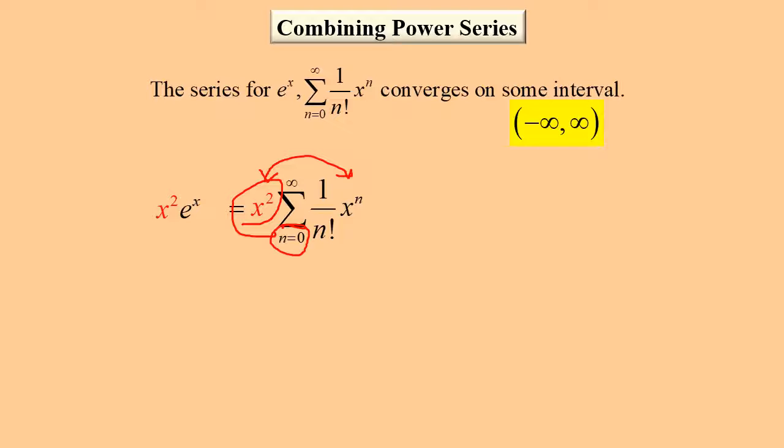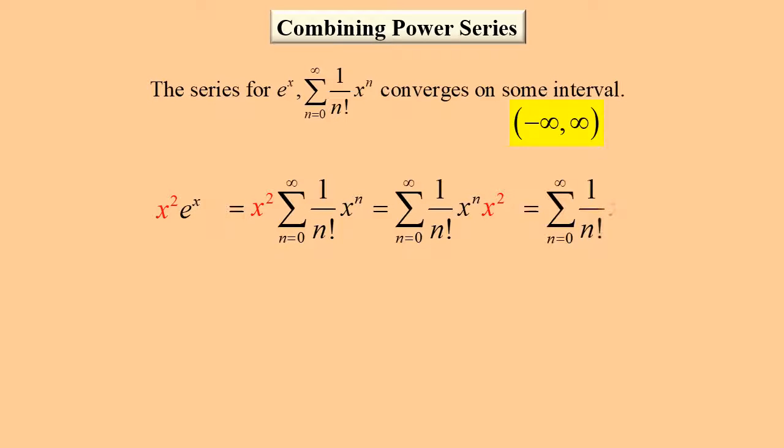And so we could write this as the sum of 1 over n factorial x to the n with the x squared on the inside of the summation. And then, of course, we can do some algebra on the inside as far as simplifying or manipulating that expression.